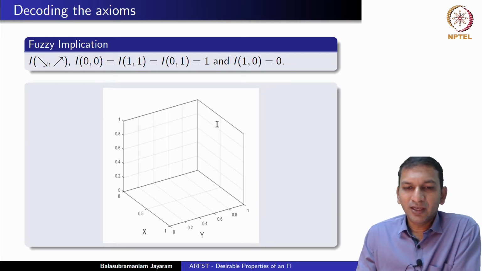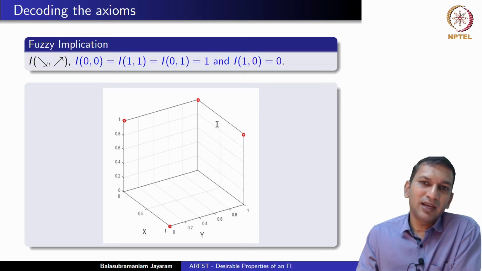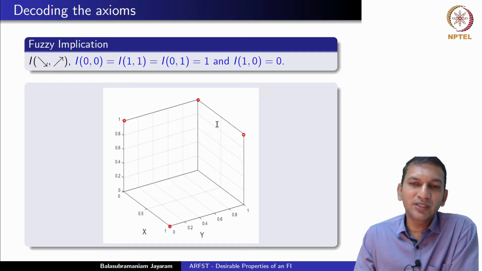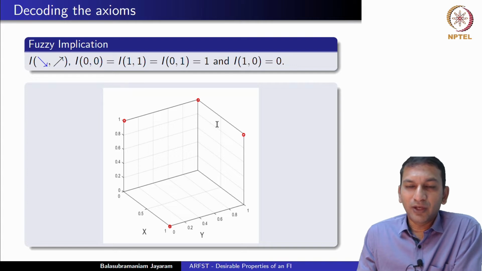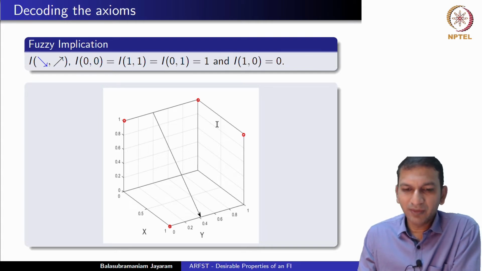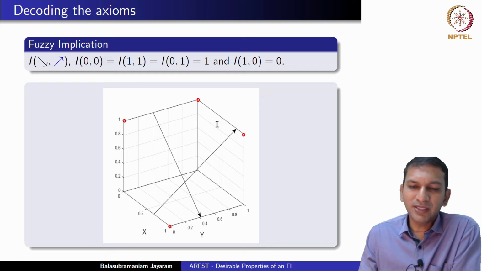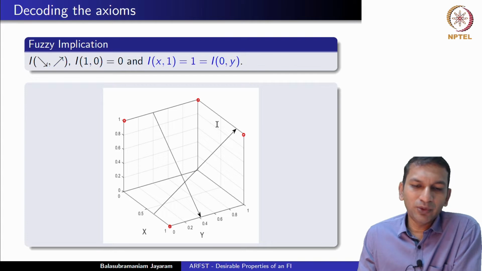We saw that the boundary conditions translate as these points on the 4 vertices of the unit square, and we are looking at decreasing along the first variable and increasing along the second variable. And we have also seen, using these boundary conditions, that on the left boundary and the top boundary of this unit square, the fuzzy implication should actually take the value 1.